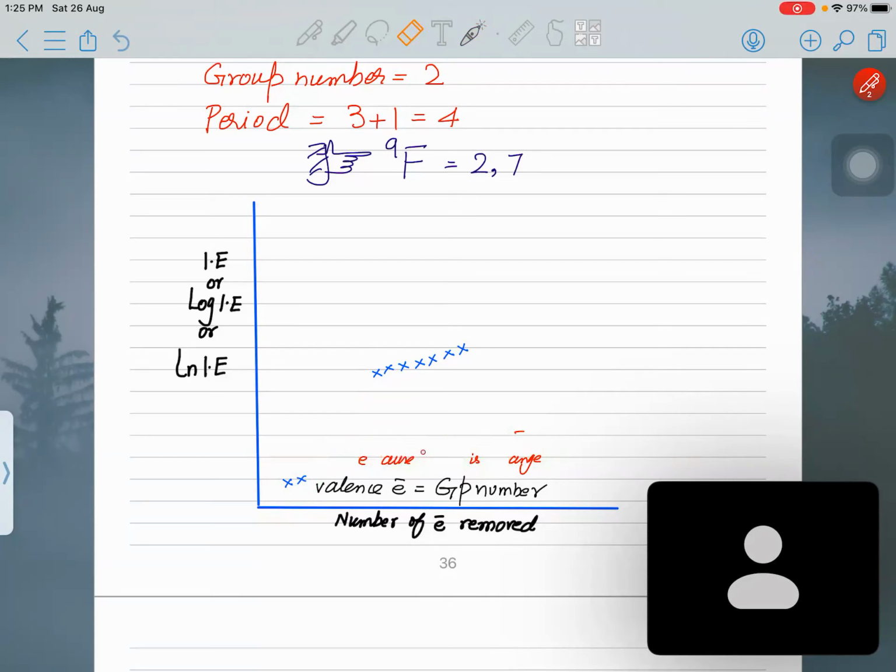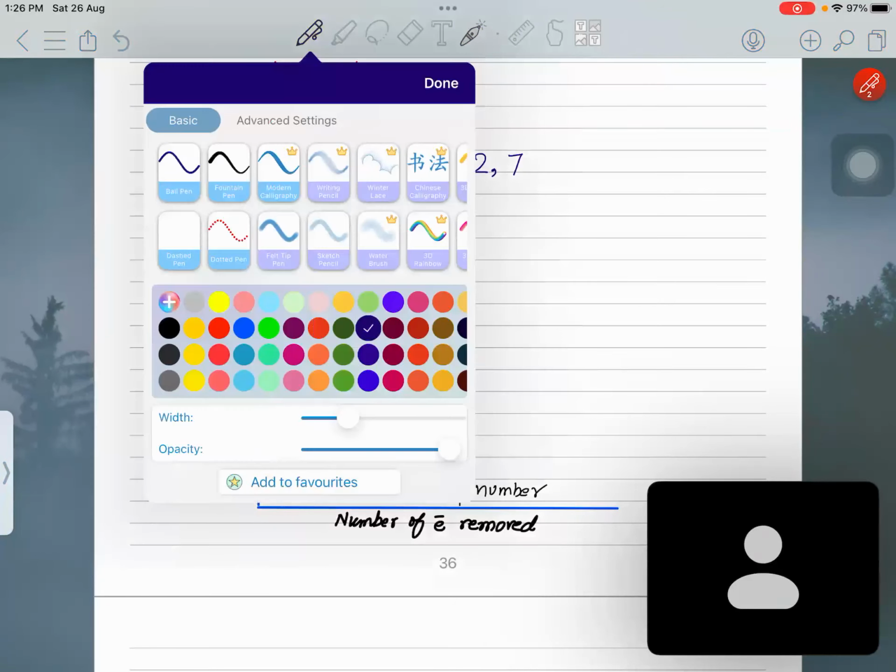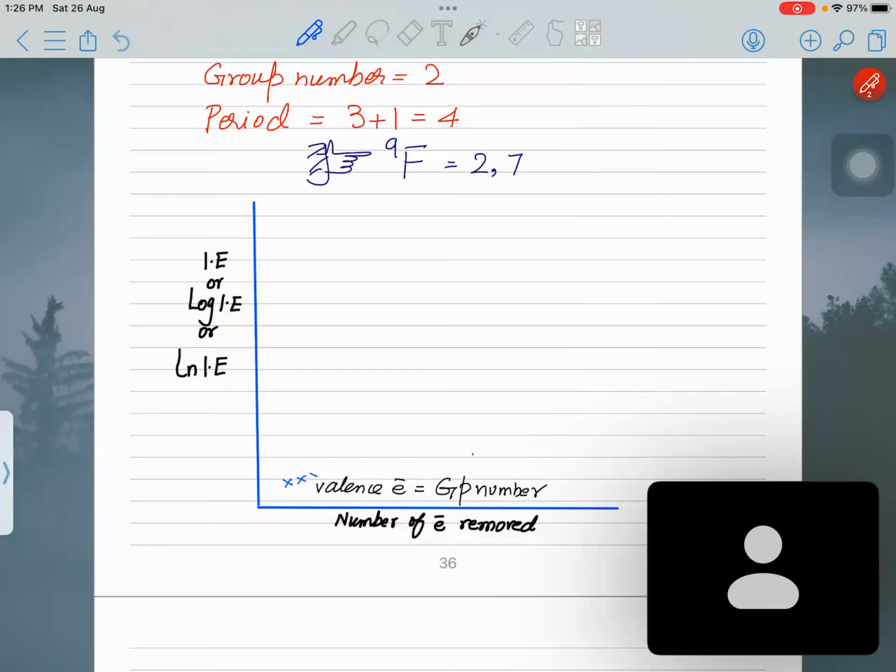We remove the electron from the valence shell of the fluorine atom. So first 7 electrons are removed because fluorine has 7 valence electrons. Then you observe a big jump and then 2.